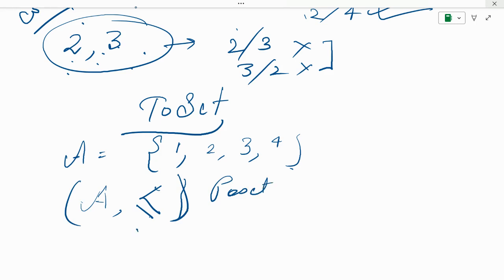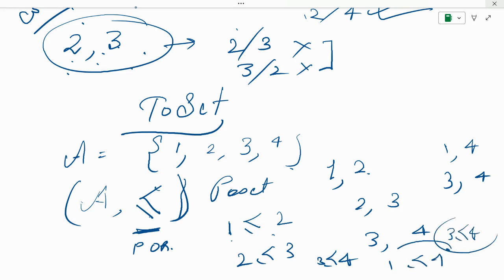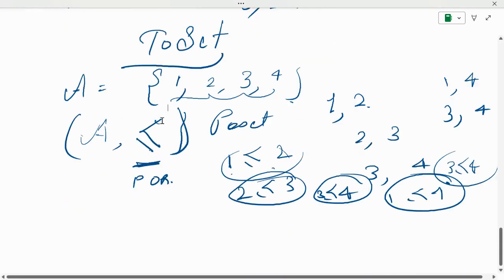For this particular partially ordered relation, if we take any two elements, 1 and 2, 2 and 3, 3 and 4, 1 and 4, any two elements, then definitely the relation exists, like 1 is less than 2, 2 is less than 3, 3 is less than 4, or 1 is less than 4. This does exist for every pair of this A, right? Hence we call it a Toset.